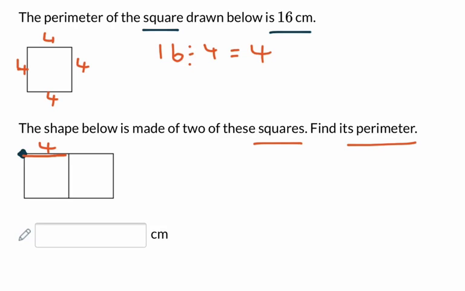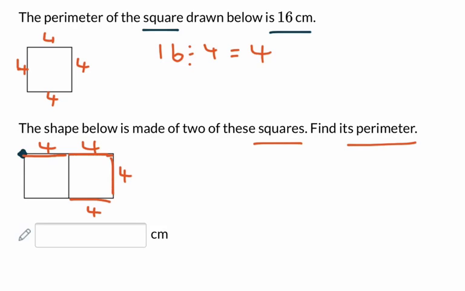I'm going to carry on and I go along another side exactly the same as the one above, and that is again 4. If I travel down this side, belongs to the square, yes, it's 4. Along the bottom is another 4.